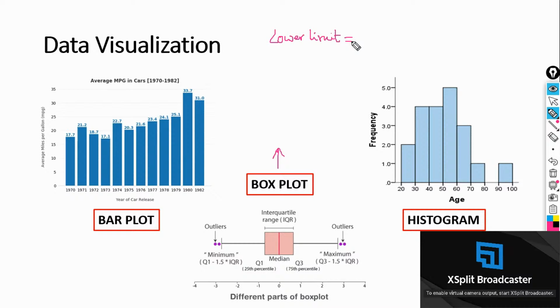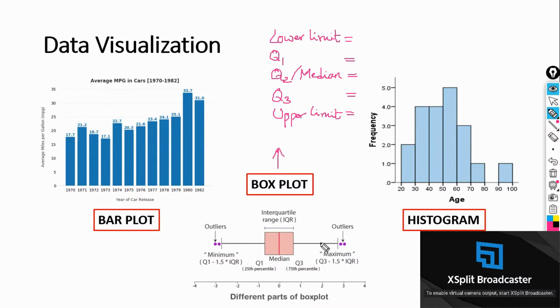Then the second one is Q1. The third one is Q2, which is also called median. The fourth one is Q3, and the fifth one is upper limit. So let us understand what these parts are.